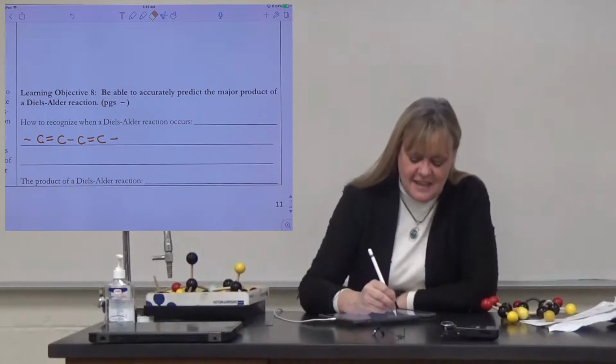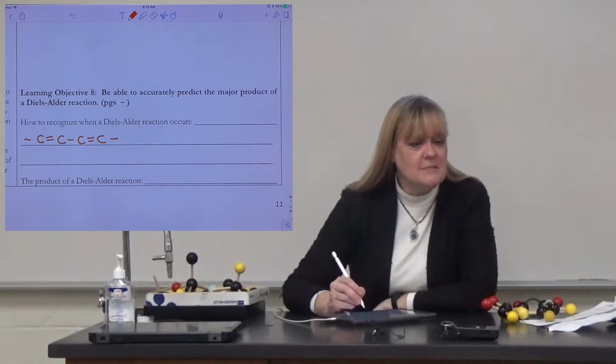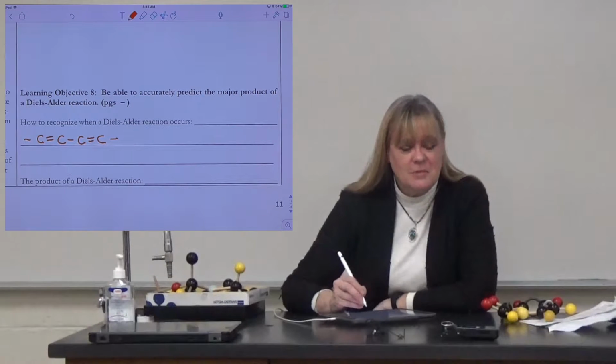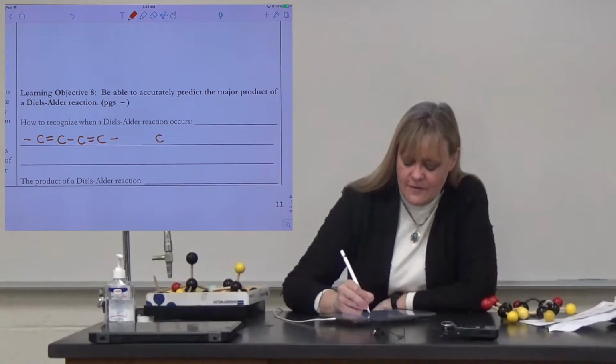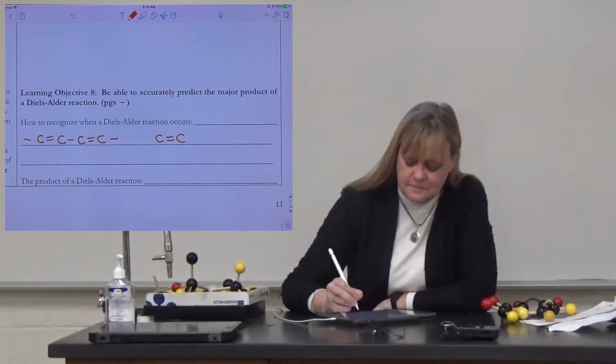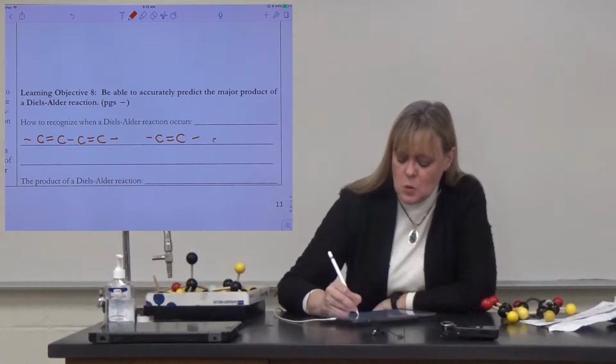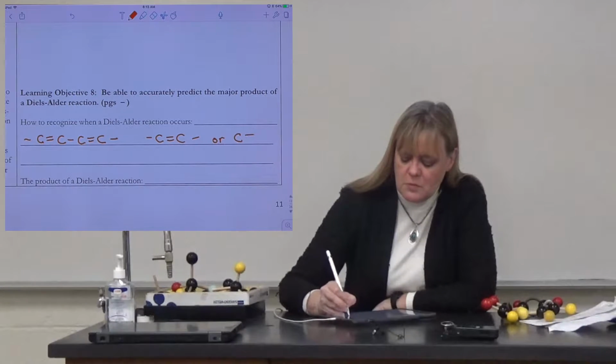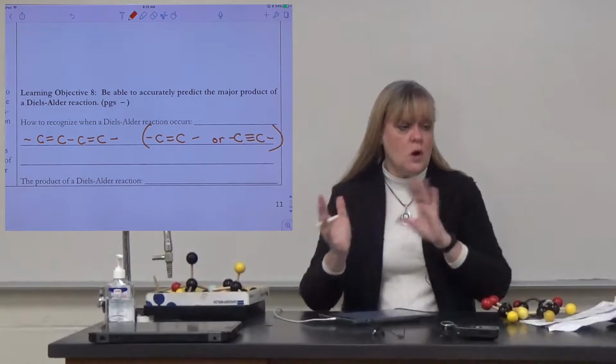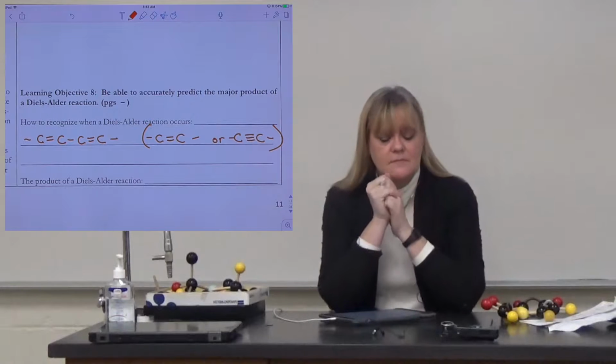All right, then you're going to have a second molecule in there, probably different, and it will have a double bond with stuff attached, or a triple bond like that, and it could be either one of those with the diene.